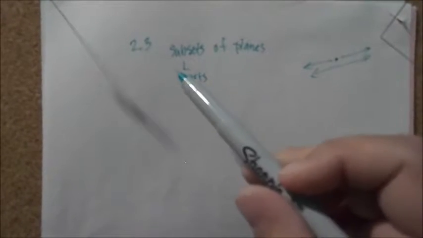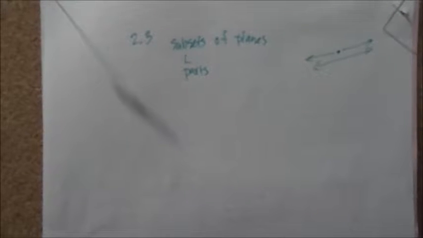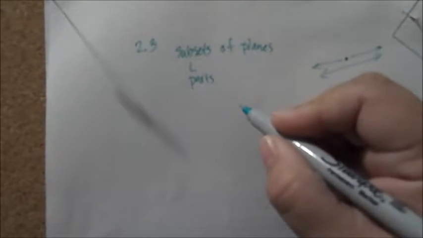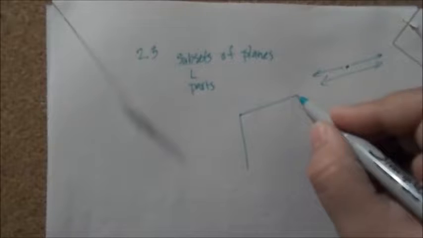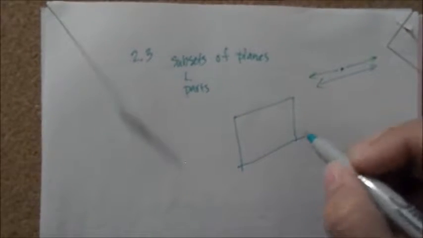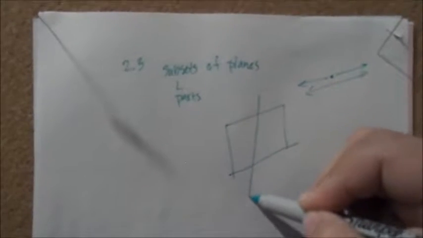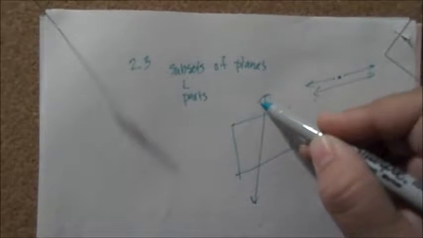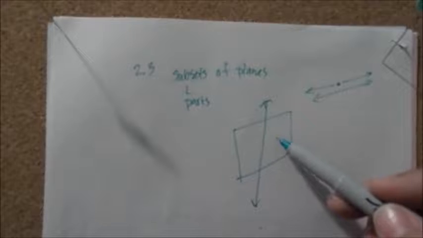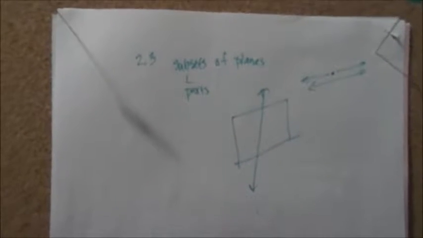So we're going to build it up to the subsets of planes here. Instead of lines, we're talking about planes. If you have a plane, a line could cut through your plane, and it would break your plane into three parts.